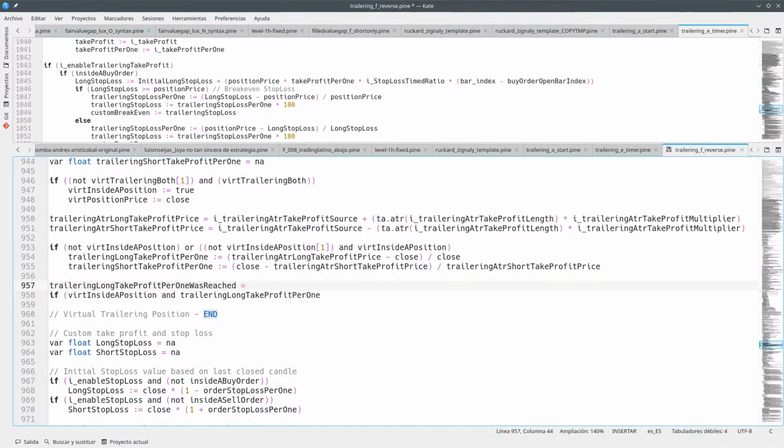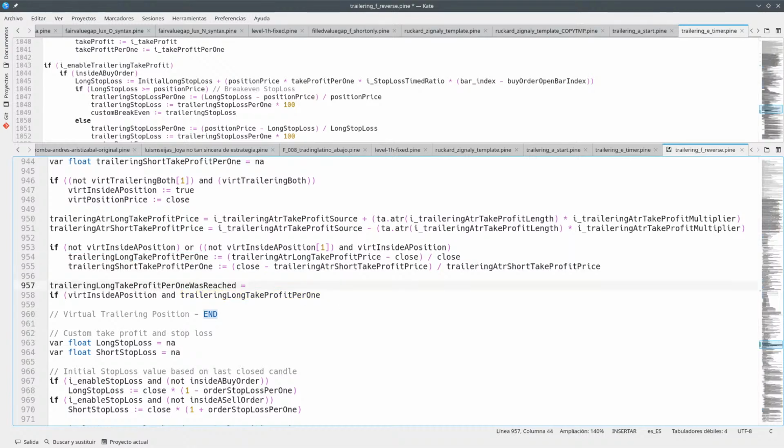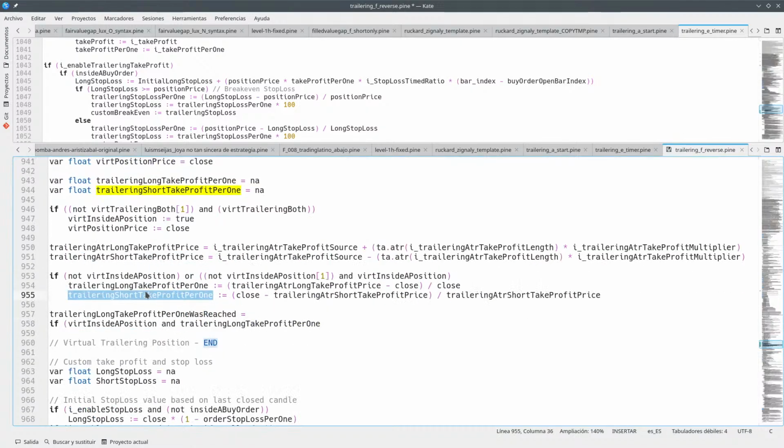So this is, I mean, not this thing, because this is the percentage, we don't care too much about the percentage here, if you ask me. What we care about is this price here, which, this is not right, because wait a moment.